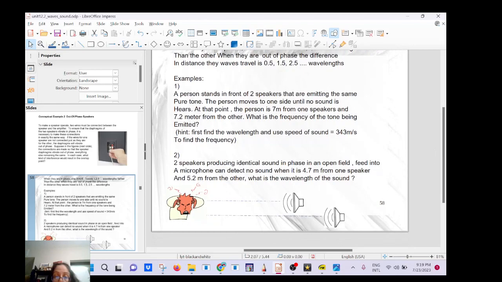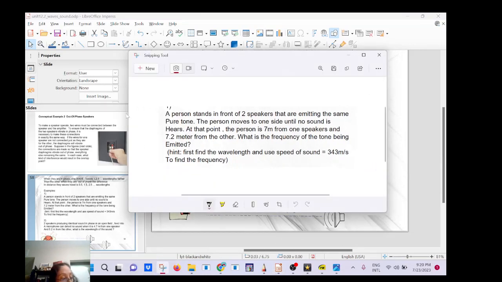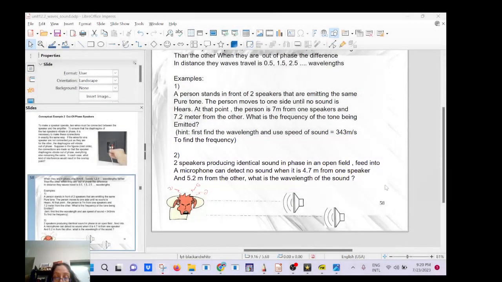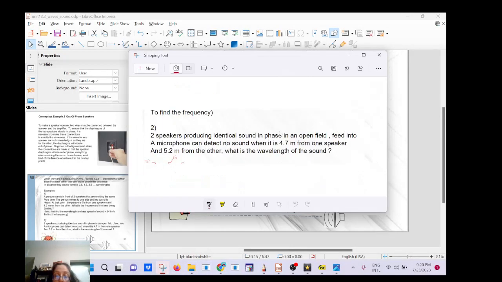Okay, so let's do this one, number 2. So here there is no sound, right? No sound. So it means that 5.2 minus 4.7, I don't have my calculator, but what you're going to get here will be half of the wave.